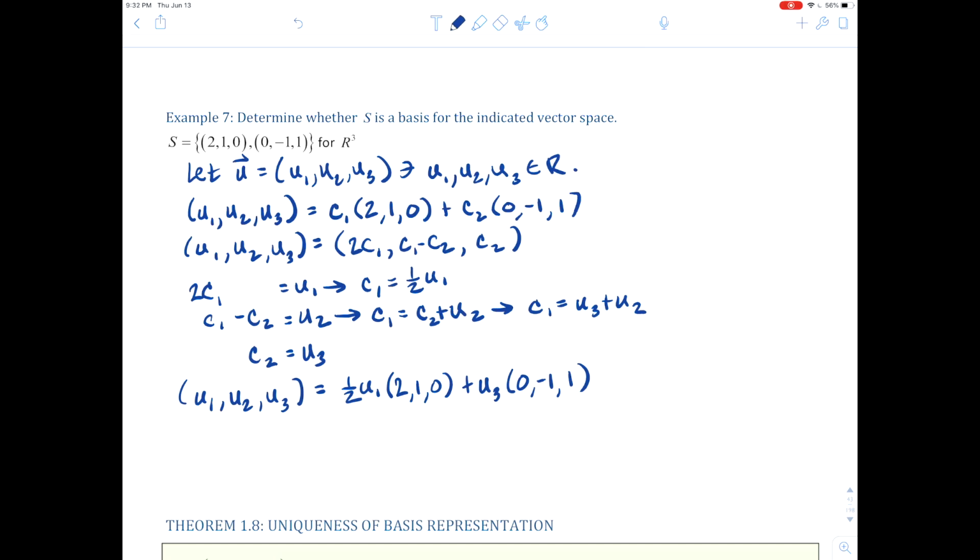That's one thing we got, right? But another thing we got was that U1, U2, U3 is equal to this other expression we got for C1, right? Which was U3 plus U2 times (2, 1, 0) plus U3 times (0, -1, 1).